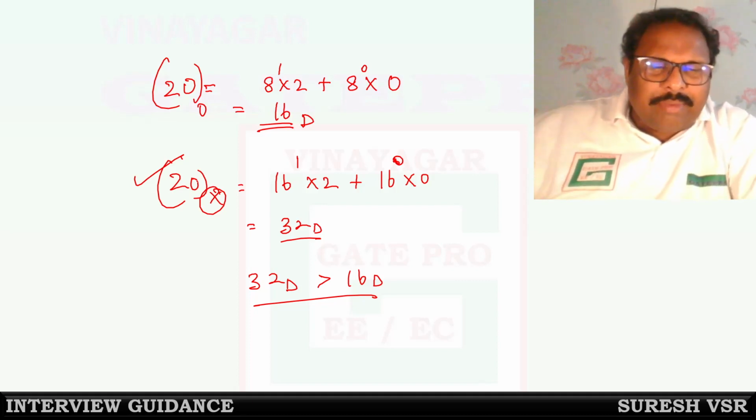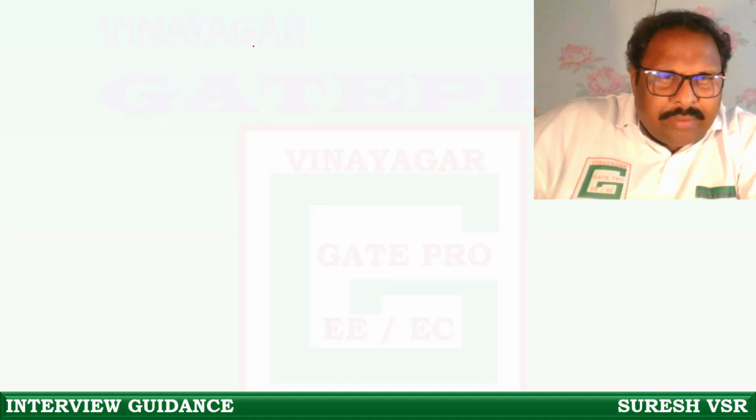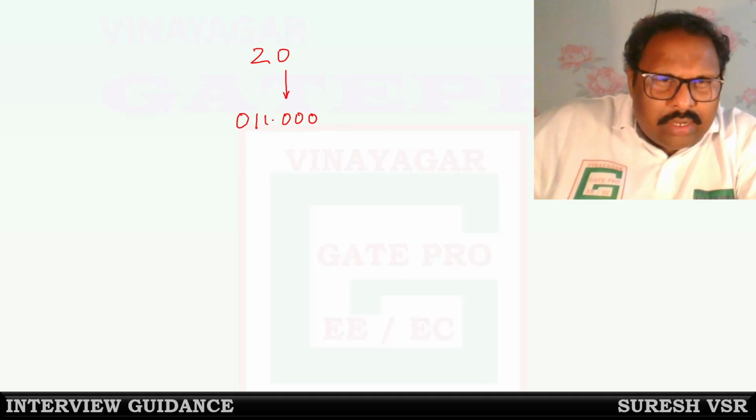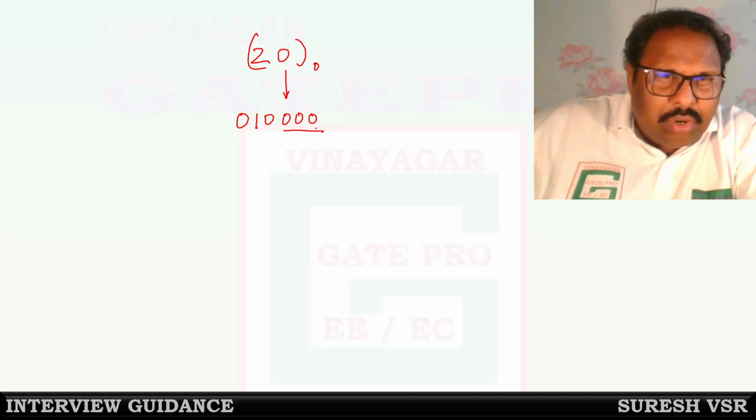You can also get the same by converting 20 in octal as 0, 0, 0 and 0, 1, 0. So if you look at 20 in octal, 0's equivalent in 3 bits is 000, 2's equivalent in 3 bits is 010.